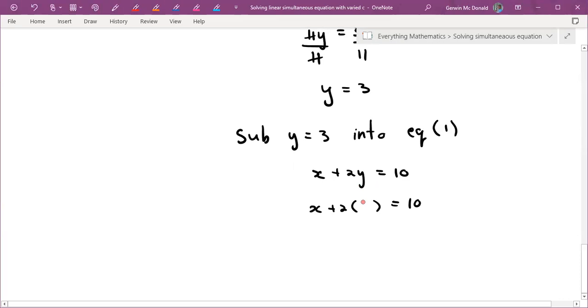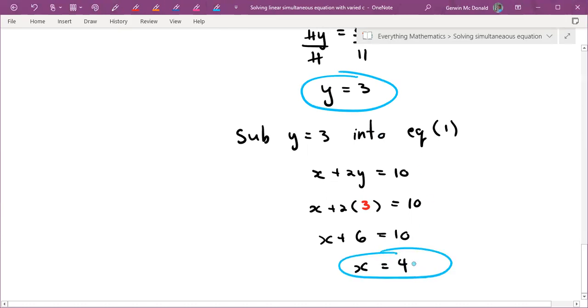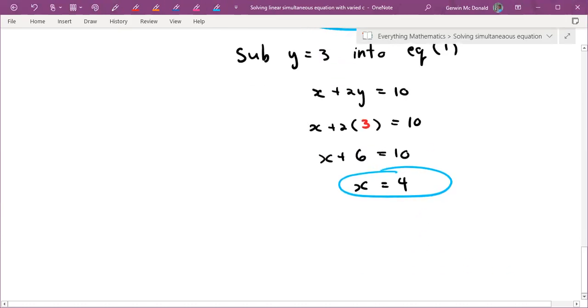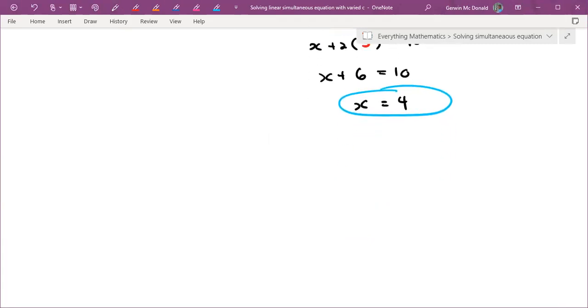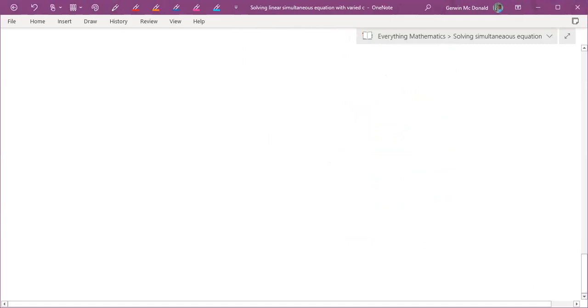So we're solving that now. So that's x plus 6 is equal to 10. As a result, x will be equal to 4. Yeah, that looks legit. So y is equal to 3, that's right here, and x is equal to 4. I prefer it when they work out like that, but I know it doesn't always have to work out like that. I wouldn't be naive to not acknowledge that.